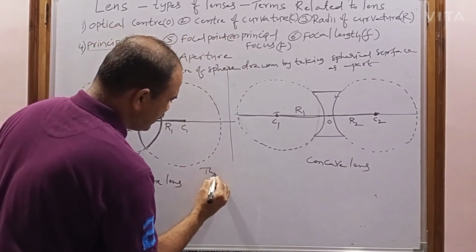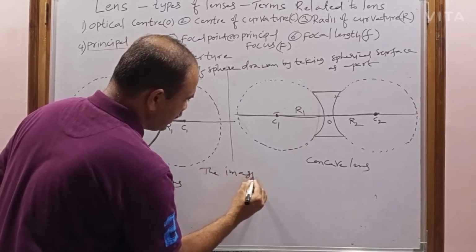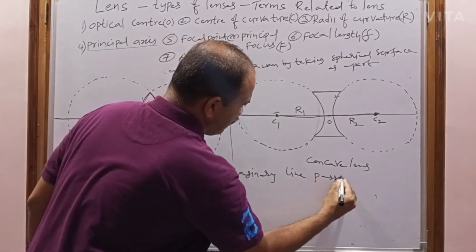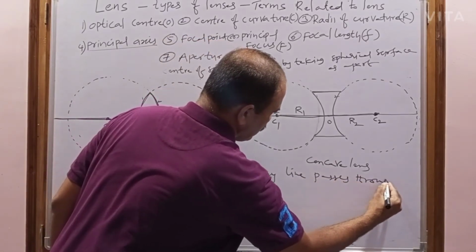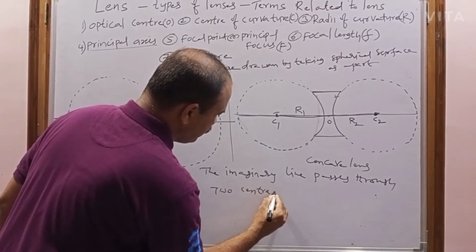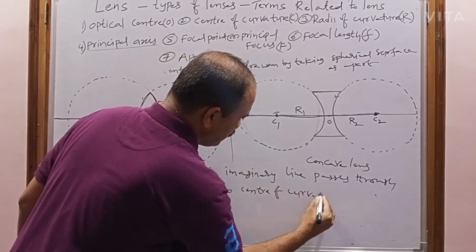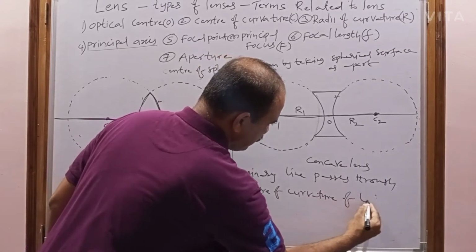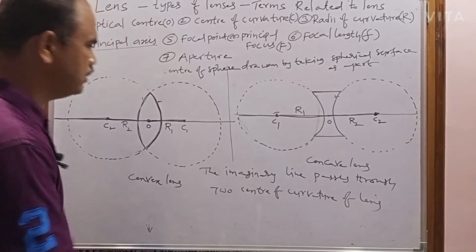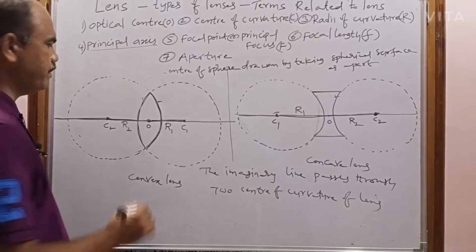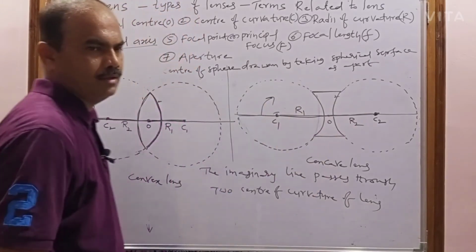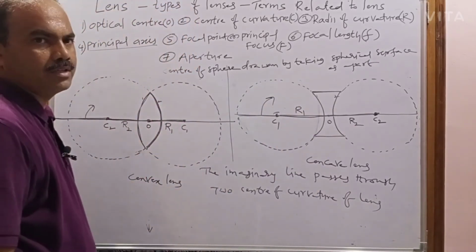The imaginary line that passes through the two centers of curvature of the lens is called the principal axis. Now this is the principal axis of the concave lens, and this is the principal axis of the convex lens.